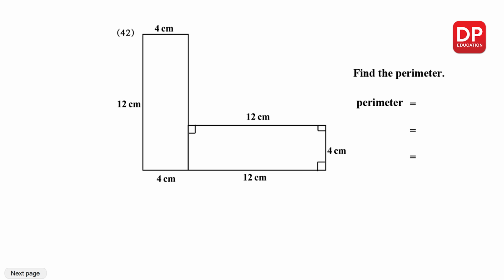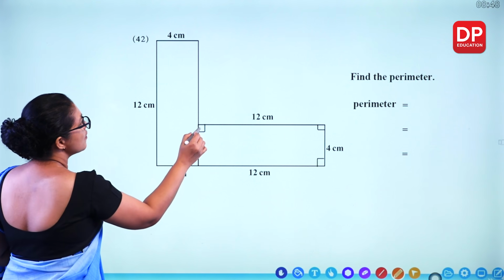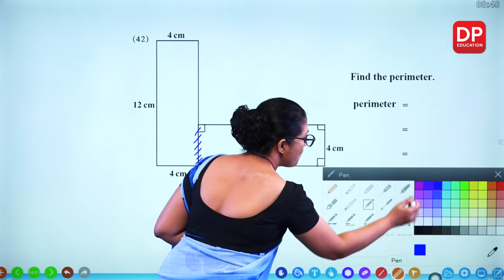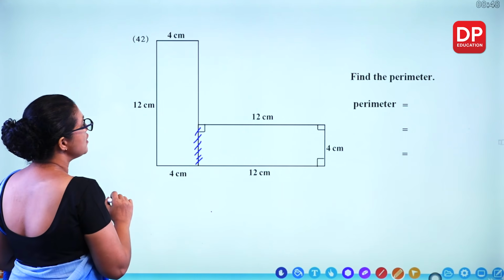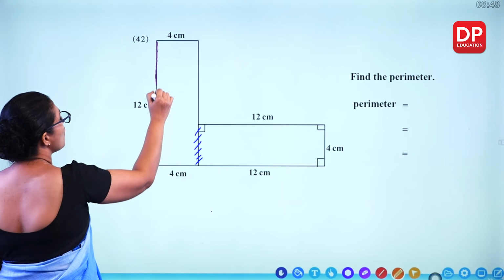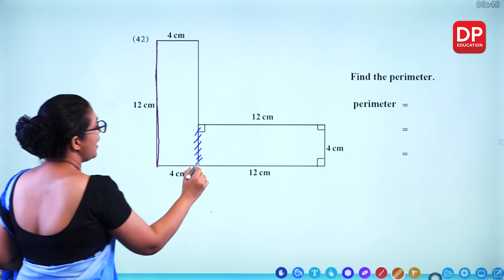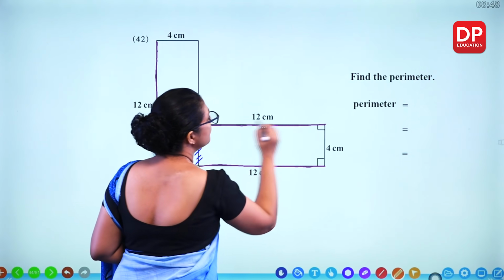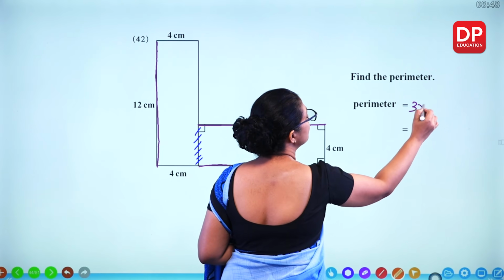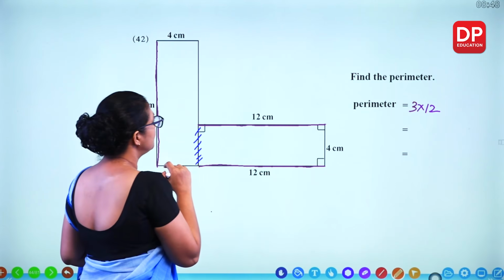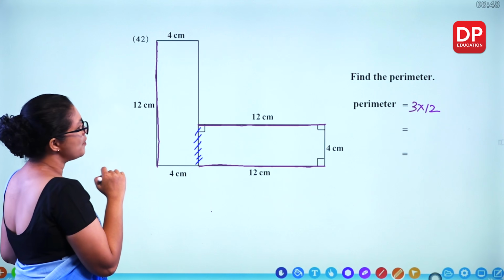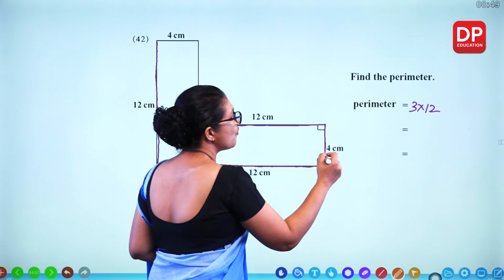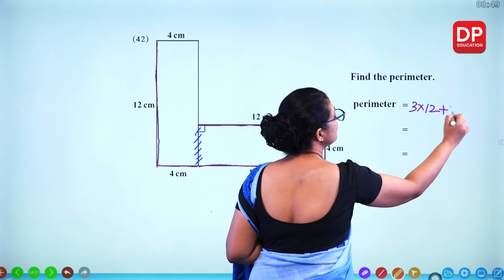This one, find the perimeter of the combined figure. You can't take this one, that's inside. How many 12s are there? 1 and 2 and 3. 3 times 12. Then how many 4s? 1, 2. 4 times 2.